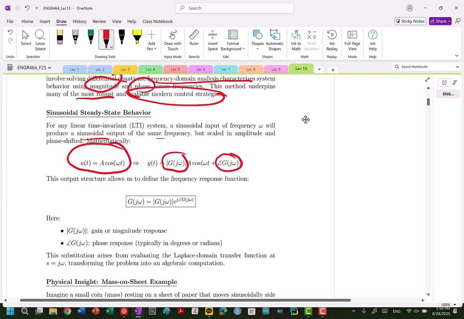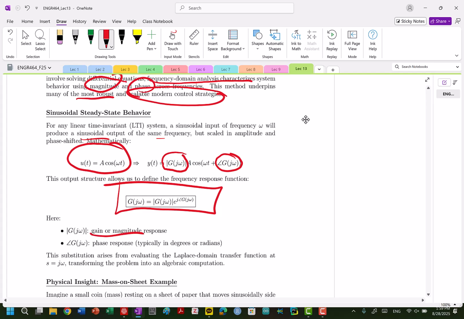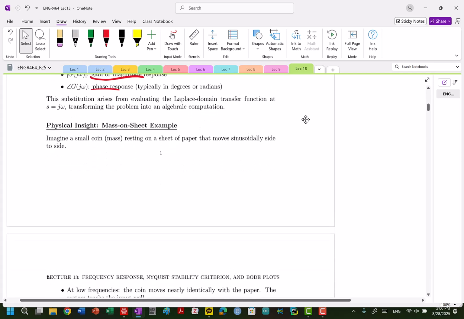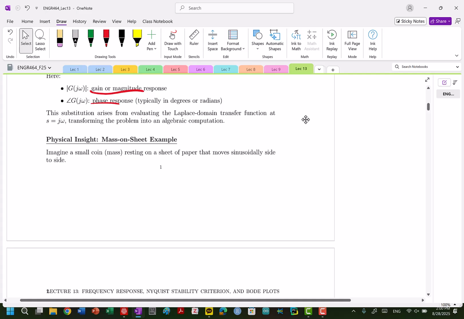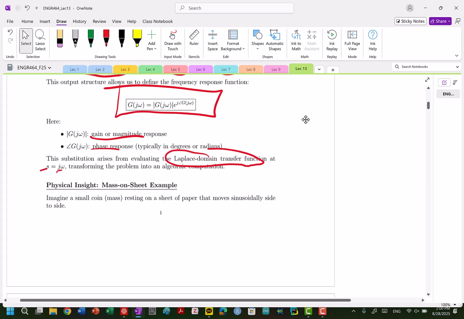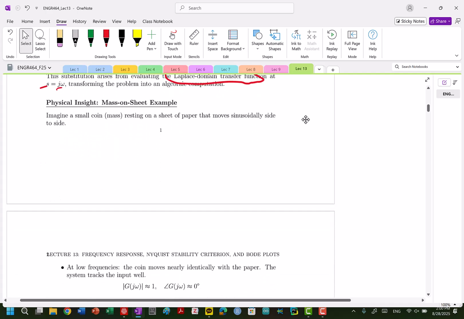This describes the frequency response of our system with the given sinusoidal input or command. That's our gain, and this is our phase response. Then we just substitute from the Laplace domain s to j omega, which is the frequency domain, and j is our imaginary number.